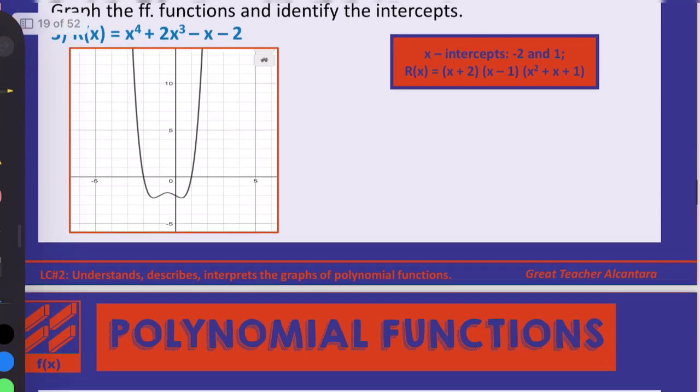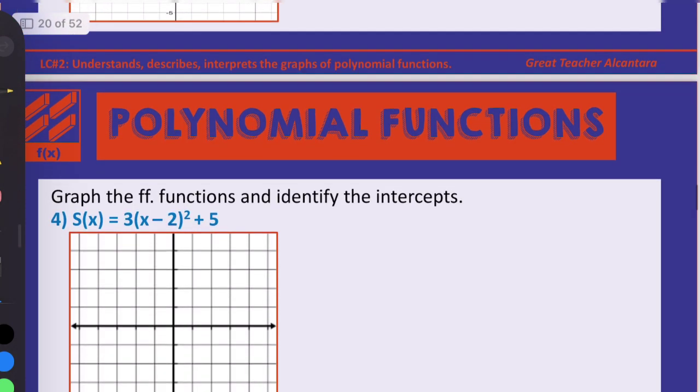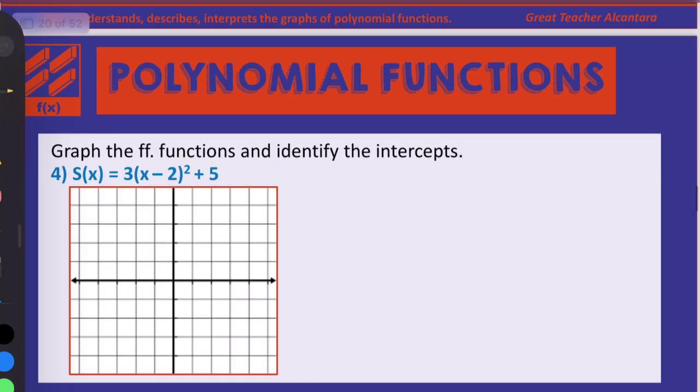But I want you to look at this example right here. So we have s of x is equal to 3 times the quantity x minus 2 raised to 2 plus 5. Now, if you remember your grade 9 days, if you try to graph this one, it will give you a parabola. But because of the plus 5, it will have a huge effect on where the graph will go, meaning it will be shifted somewhere else.